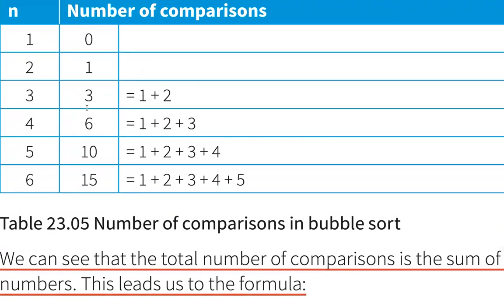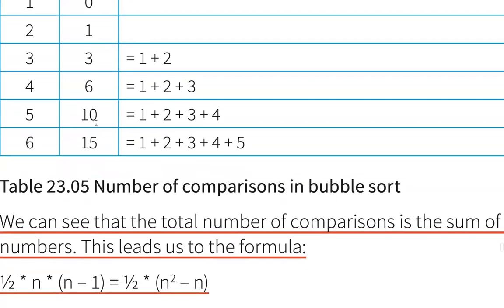That means I need a total of 6 comparisons. For 5 elements, I need a total of 10 comparisons. First pass, 4 comparisons. Next pass, 3, then 2, then 1. And for 6 elements, I require 15 comparisons. First pass requires 5. Next pass requires 4, then 3, then 2, then 1.